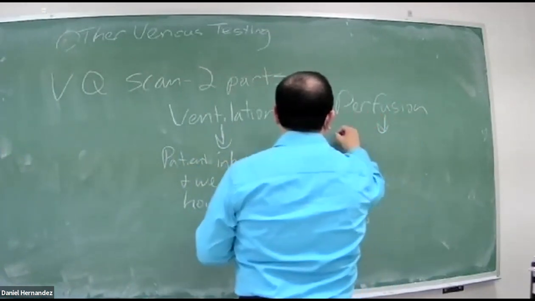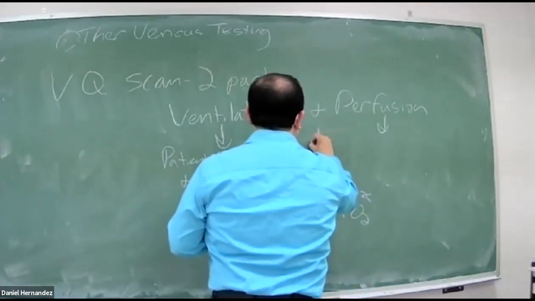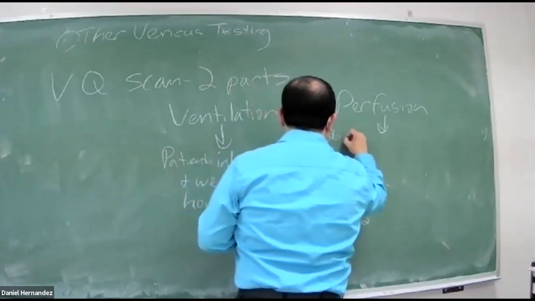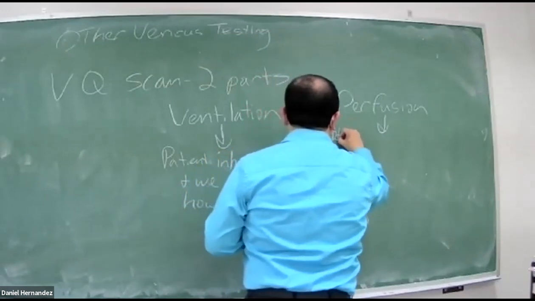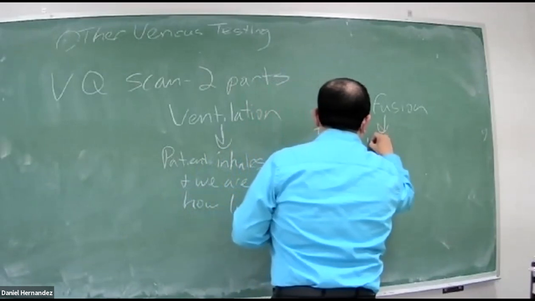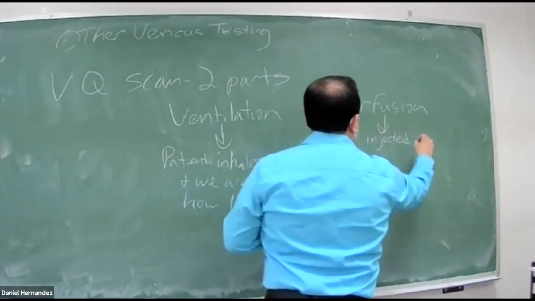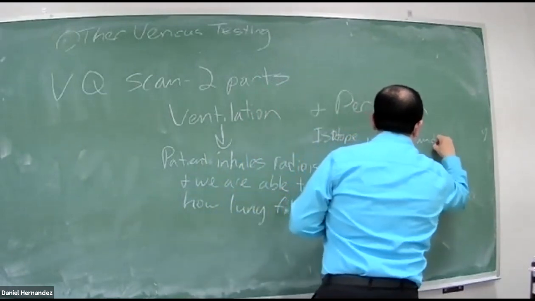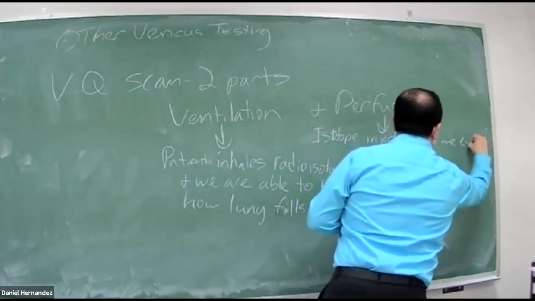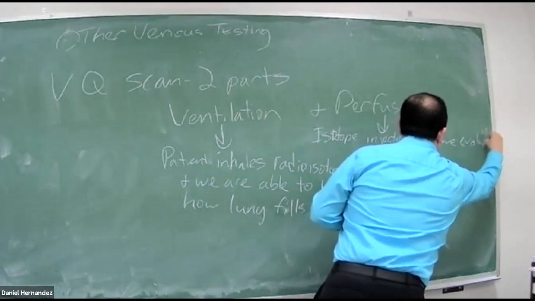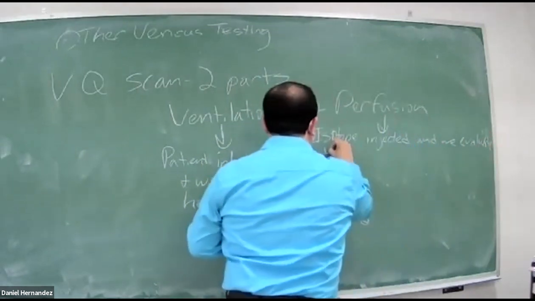Then the perfusion portion, isotope is injected, and we evaluate vasculature.